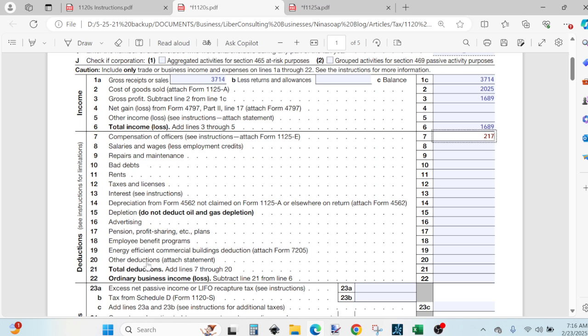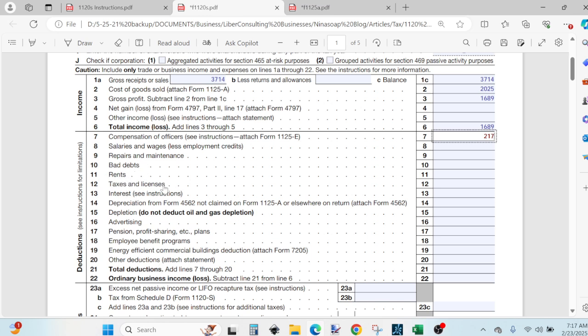But if you are paying yourself to occupy a portion of your house, it will go under other deduction if you are doing it like a reimbursed account. But again, you have 11 for rents.